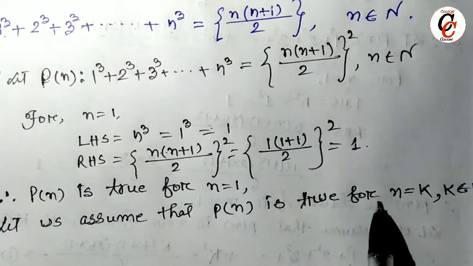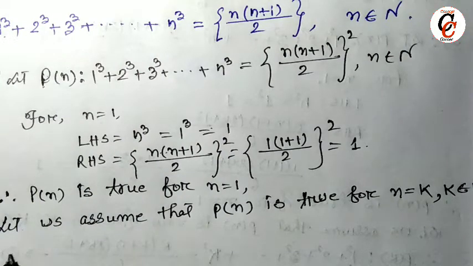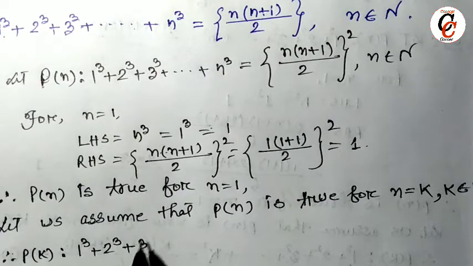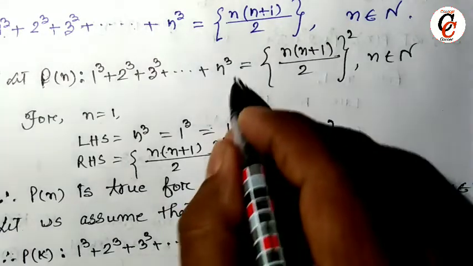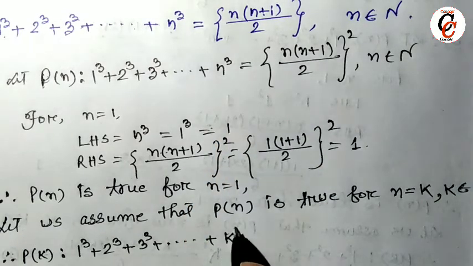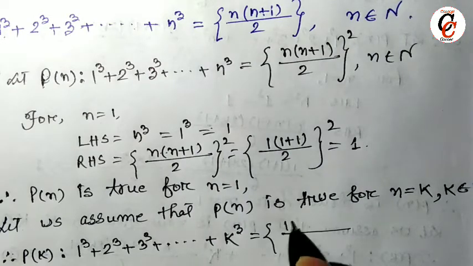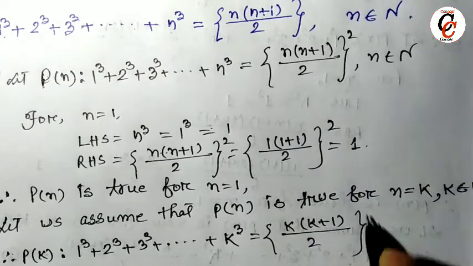So when we take n equal to k and put it in the statement, therefore Pk will be 1 cube plus 2 cube plus 3 cube plus up to, here n is there and will be replaced by k cube, right hand side k into k plus 1 by 2 whole square.